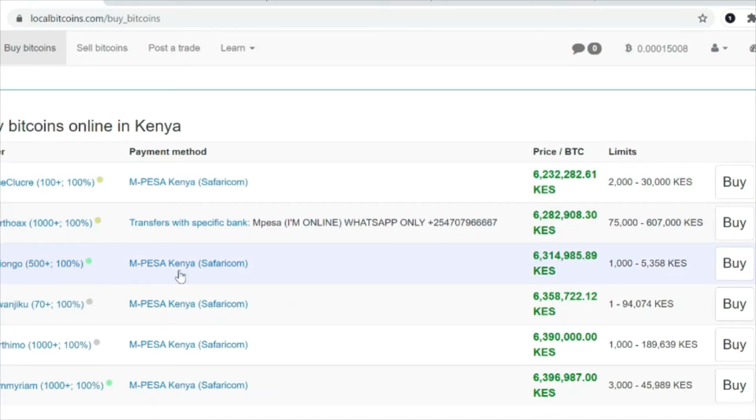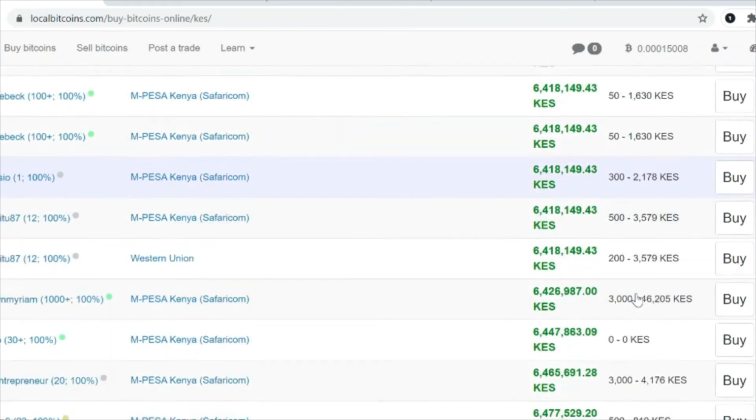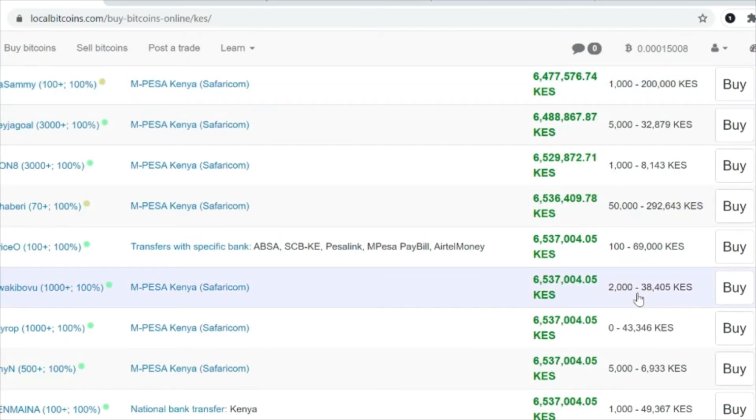Like this person is selling maybe 1,000 to 5,000 Kenya shillings. This other person is selling from 75,000 to 607 Kenya shillings in Bitcoins. There are more people here and more bids. So you can select the one you wish to buy from.